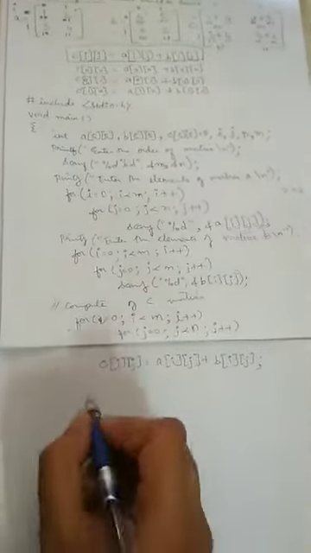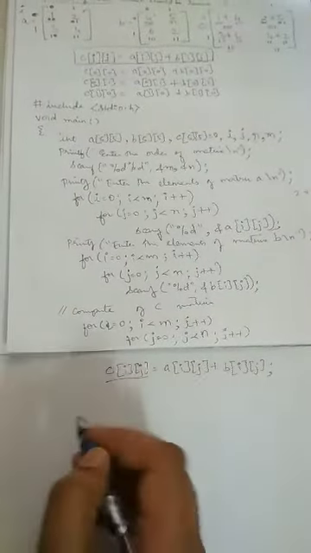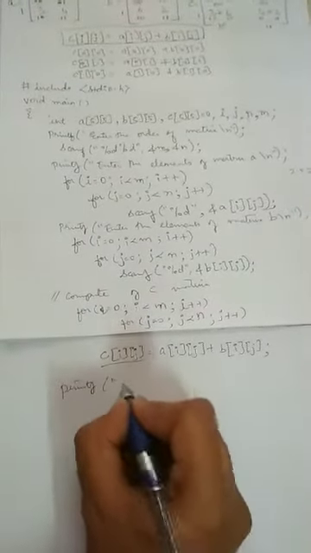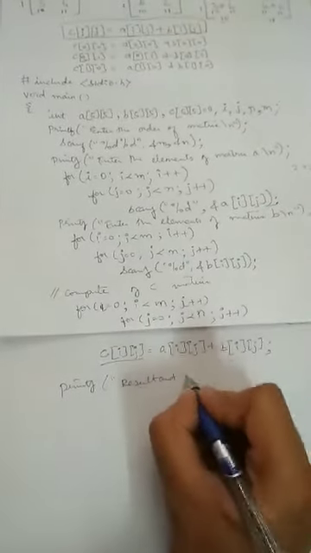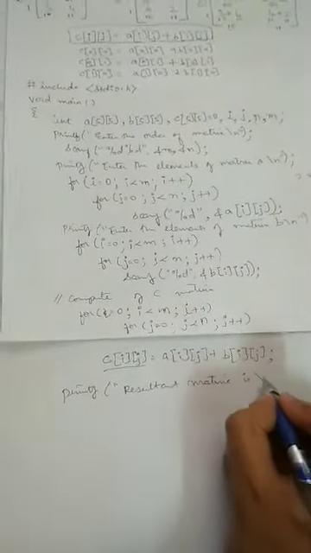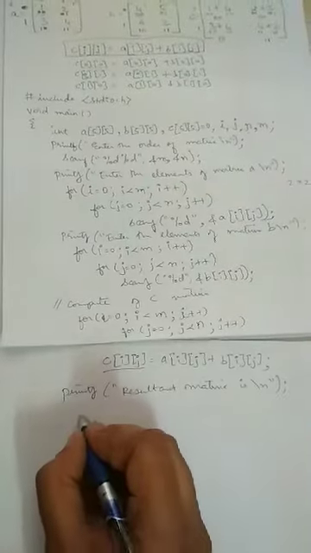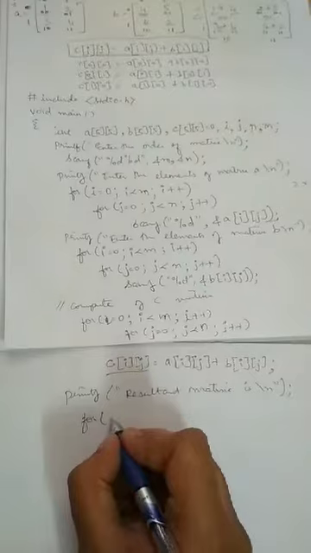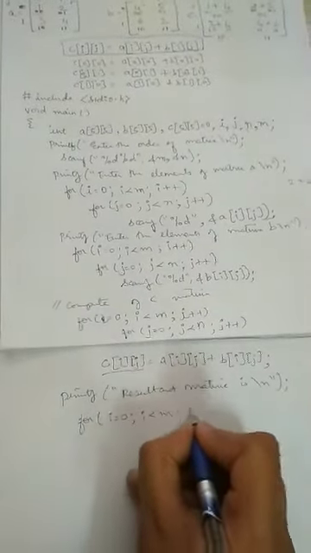Now how to print the resultant matrix? The resultant matrix is present in C of ij. Again, we have to use printf, resultant matrix is, we can just write, put a slash n, and then see we want to print, so we can write a for loop, okay, for i is equal to 0, i is less than m, i plus plus.